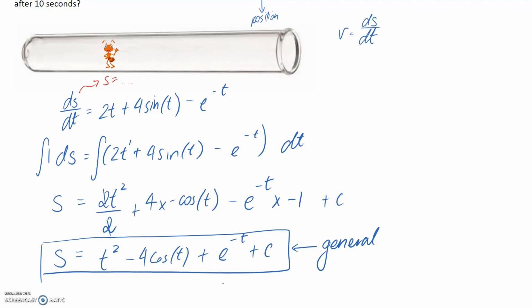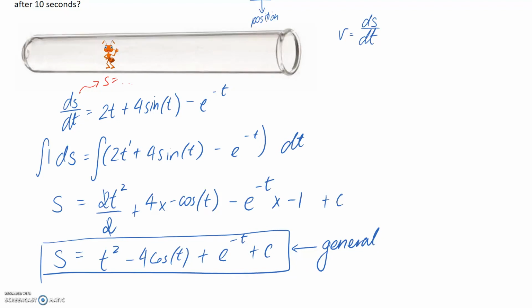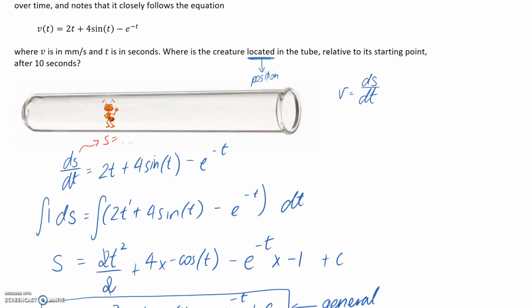How we're going to move from the general to the unique solution is we need a condition. What we're asked to do in a moment is to look at where the creature is located in the tube relative to its starting point after 10 seconds. So we need to figure out, using this starting point, what we can do for a condition. The easiest thing to do would be to say, initially at time equal to 0, it's at its starting point, and I'm just going to say that its starting point is equal to 0.